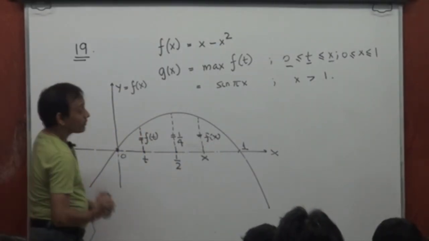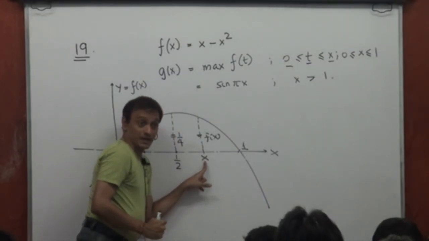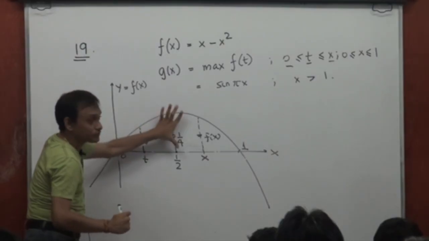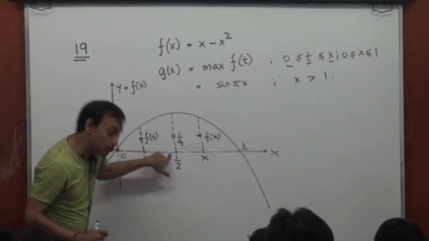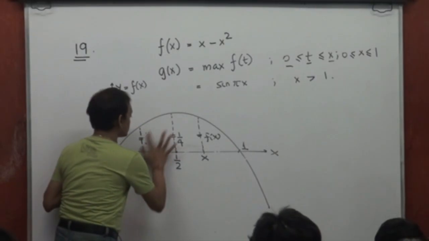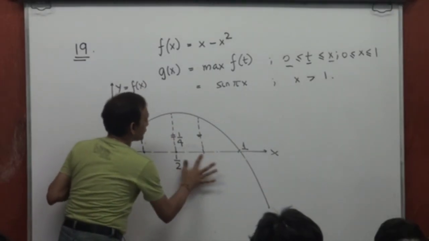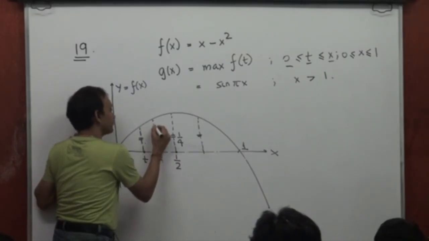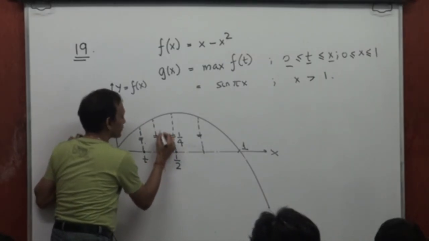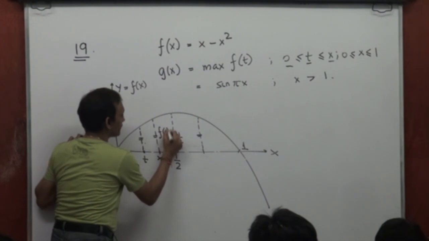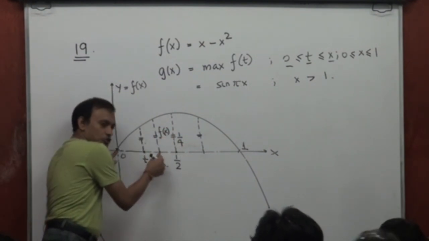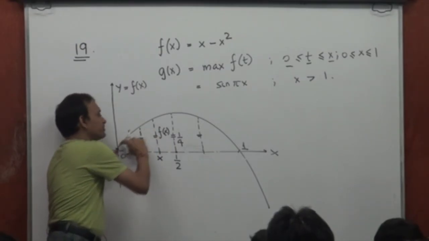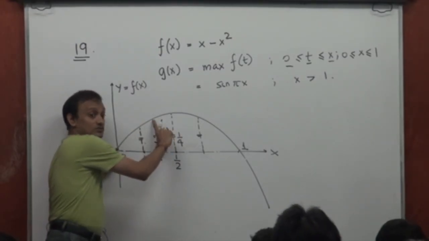Now, when x lies here, for example, then of all the f(t)'s that are produced, the largest f(t) is 1/4. But if x were to be to the left of half, then while t goes from 0 to x, it produces a set of f(t)'s, of which the largest f(t) is, right?